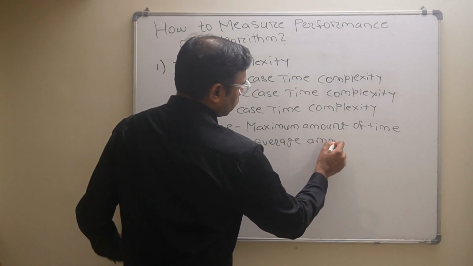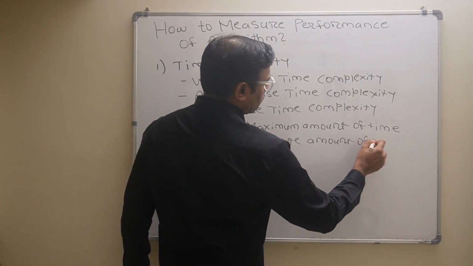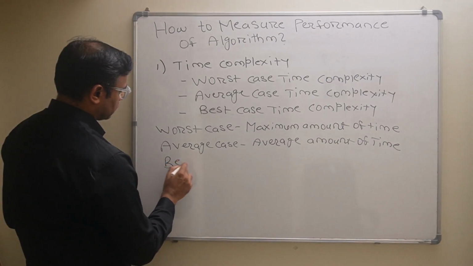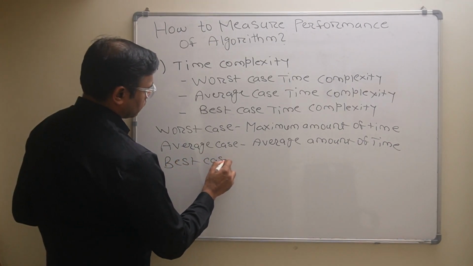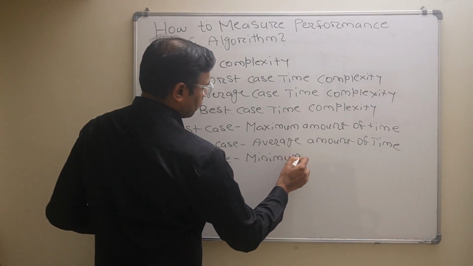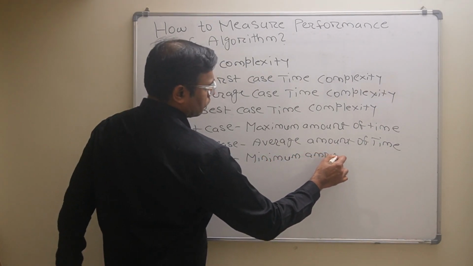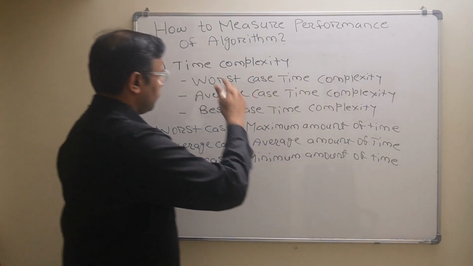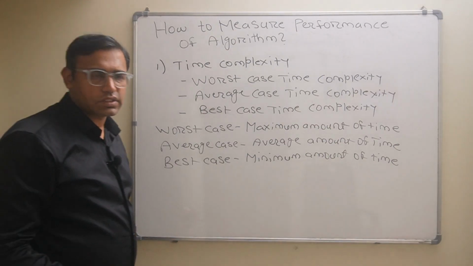And the third one is best case. Best case means the minimum amount of time taken by an algorithm for its execution.